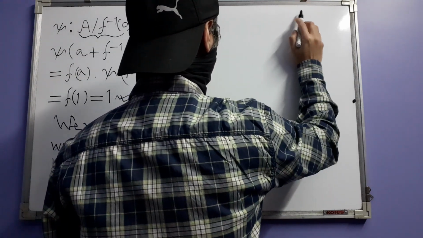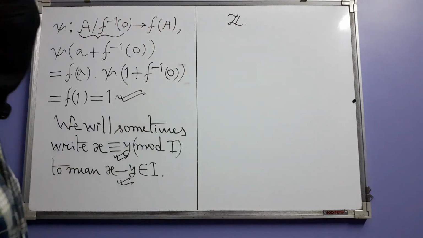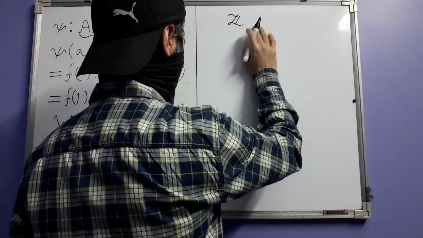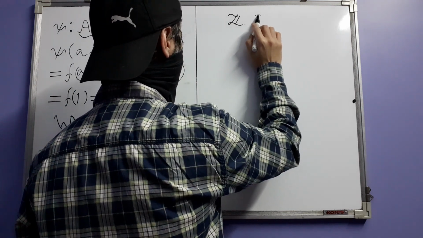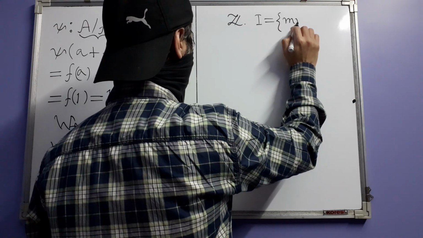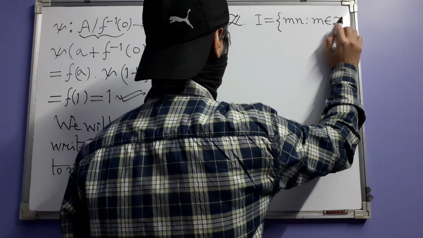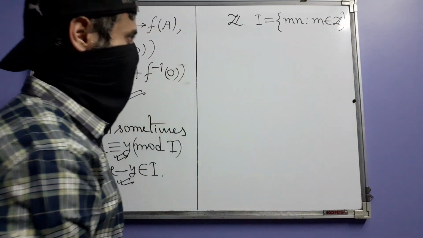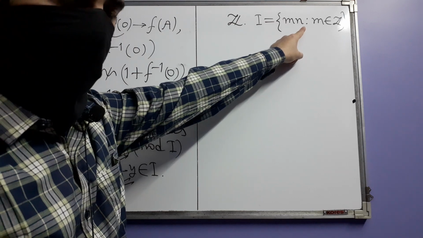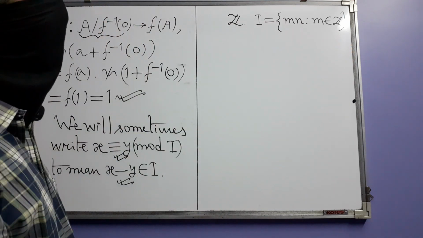Say we have the ring of integers, and in it you know that you have the ideal consisting of all multiples of some fixed integer. So this is an ideal in Z.